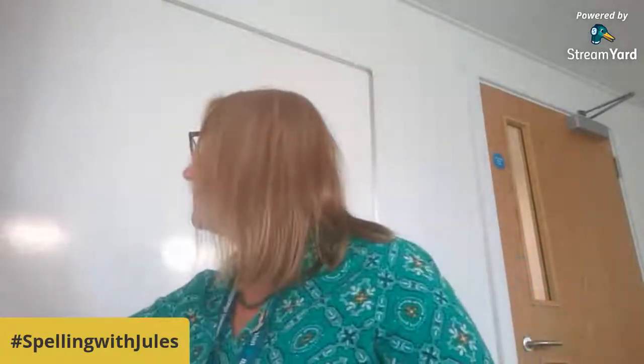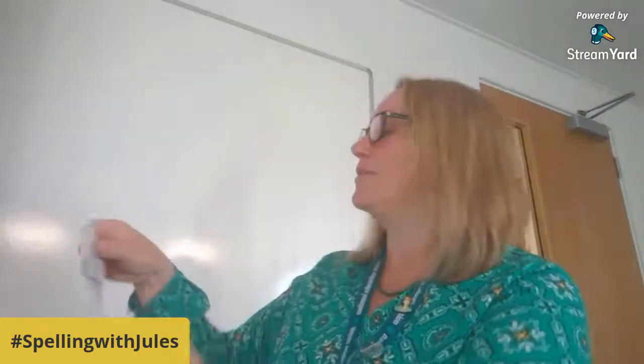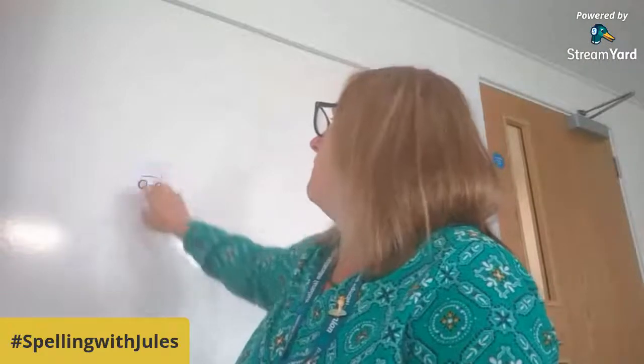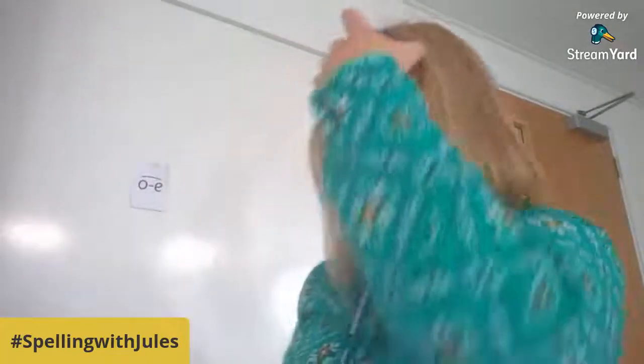Firstly, let's look at what we did yesterday before my battery ran out. We did this, didn't we? So it was split digraph. So we have the two letters O and E, which often make different sounds.